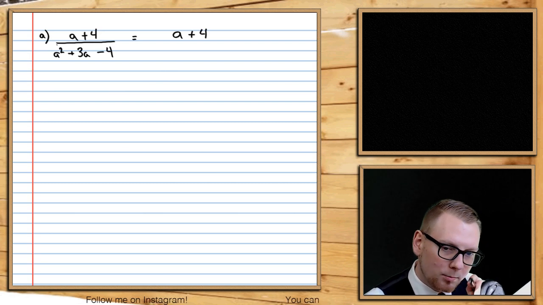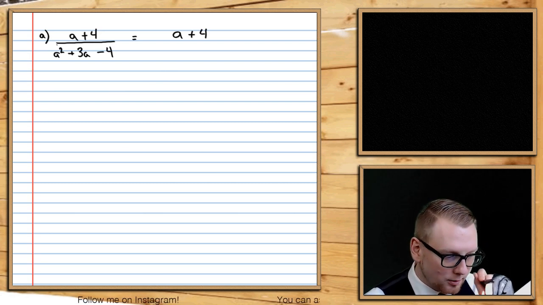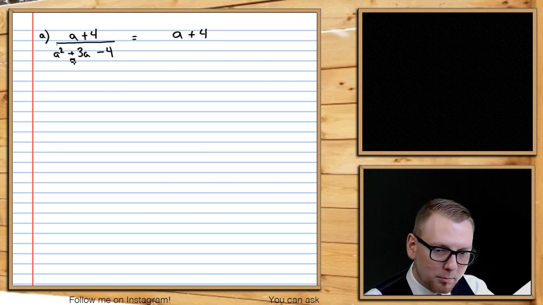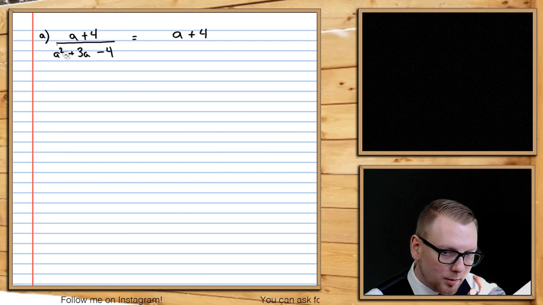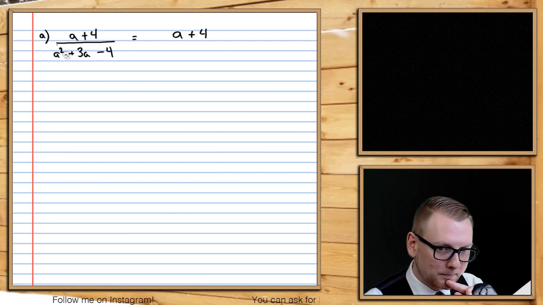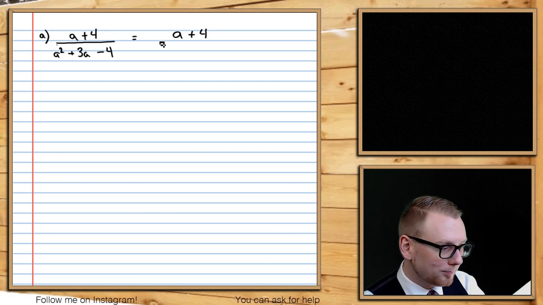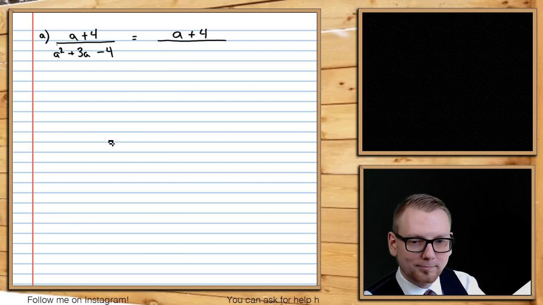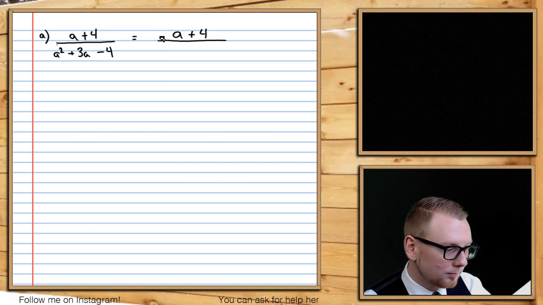If you had a minus 4 and a plus 1, you're going to get a minus 3. So it should be a plus 4. The 4 should be positive and the 1 should be negative. That's just a simple sign mistake.